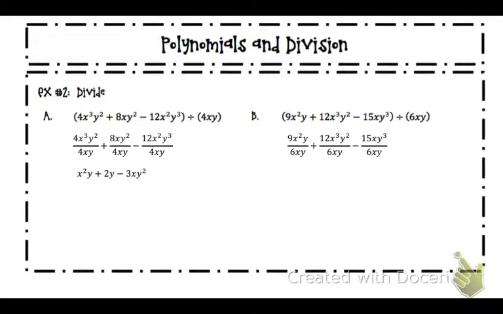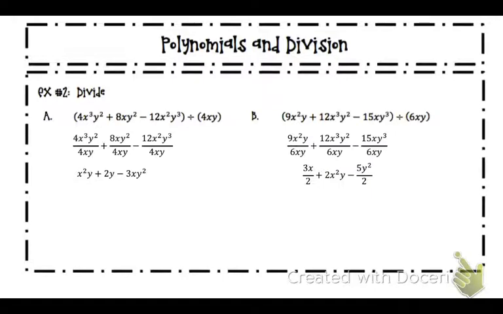Let's do the same thing with b. We're going to divide each of those by 6xy. 9 divided by 6 is 3/2. Those just reduce; they don't completely divide evenly. X squared divided by x is x. Y divided by y cancels. So that first term is 3x over 2. The second one, 12 divided by 6 is 2.